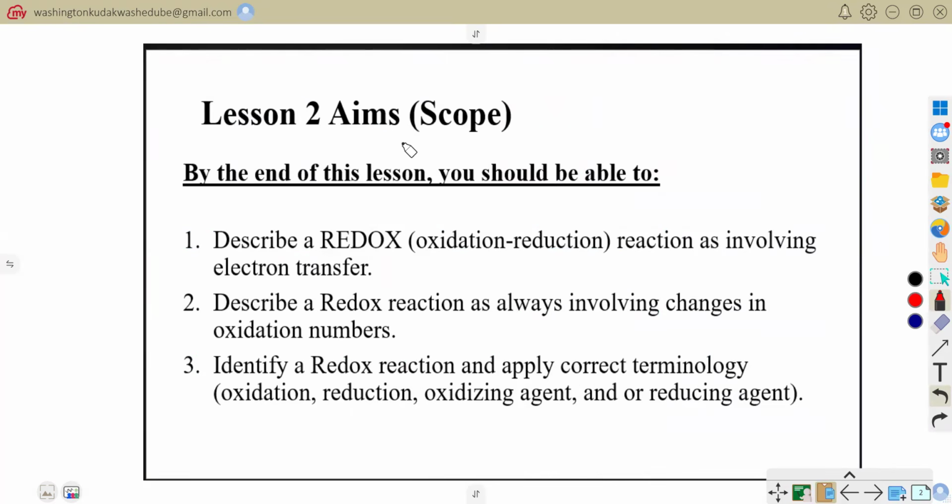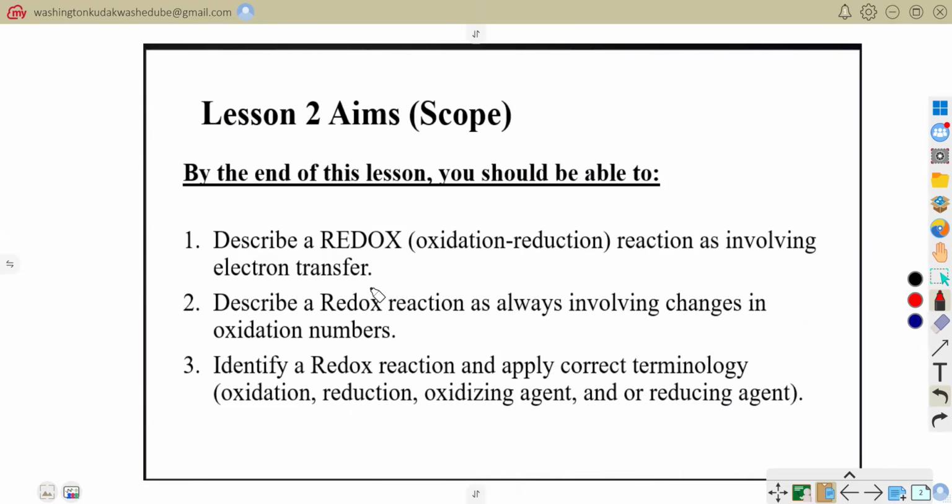Now in this lesson, at the end of it, we are supposed to be able to describe a redox reaction as involving electron transfer. And we are also supposed to describe a redox reaction in terms of changes in oxidation numbers, where we know that with a redox reaction, there is always a change in oxidation number.